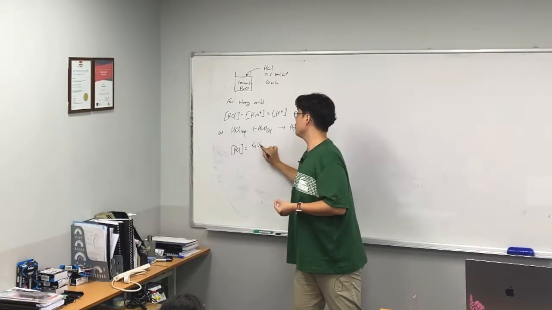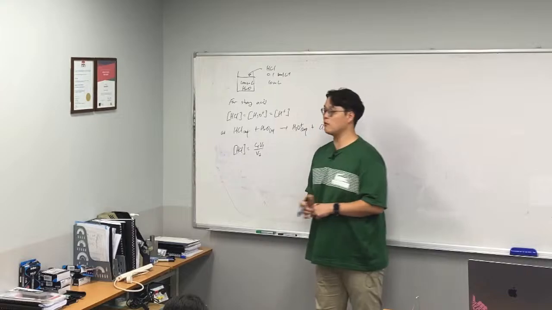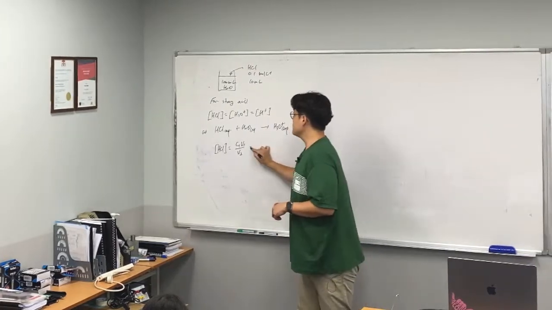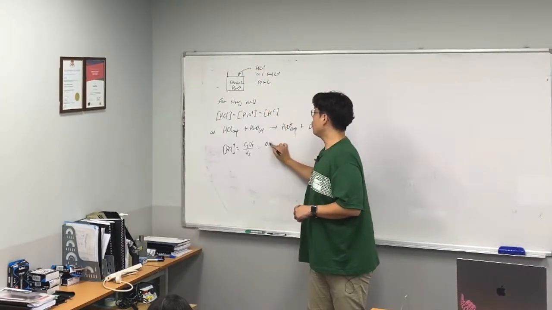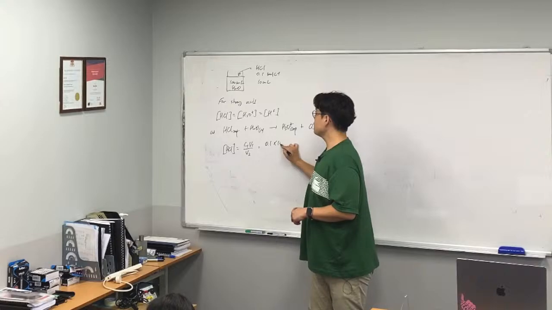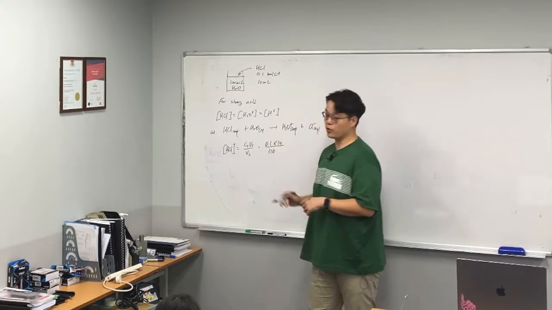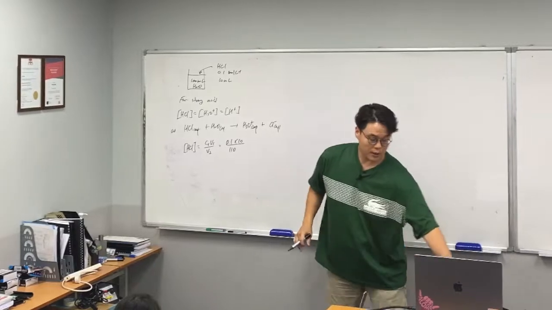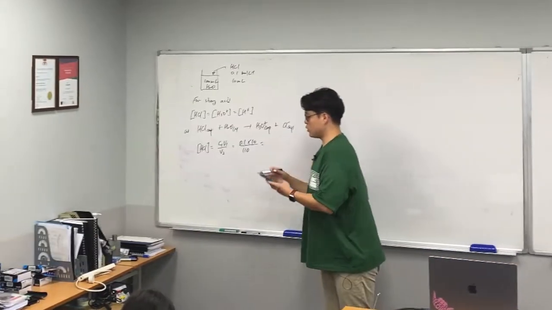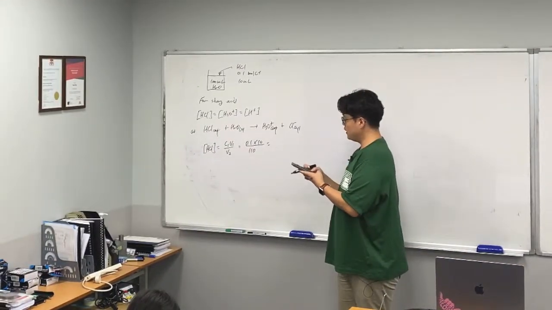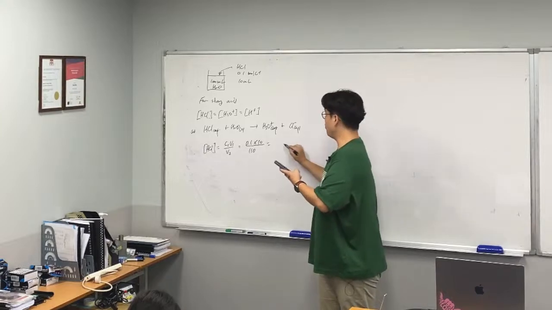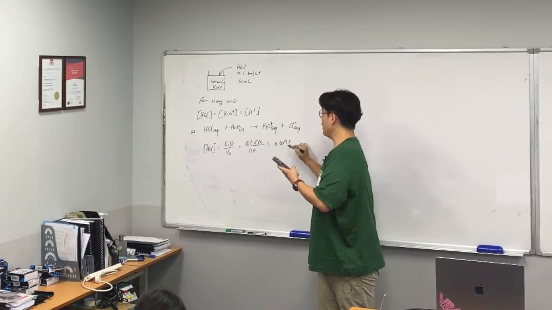So C1V1 equals C2V2, or C1V1 over V2. In this case we have an initial concentration of 0.1 times 10, divided by 110 for the total volume. You get 0.0091.